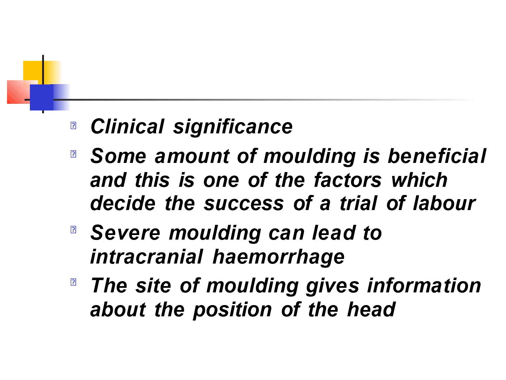The clinical importance of molding, as I have told you, is that it allows the passage of the baby through the pelvis more easily. In case the diameter of the fetal skull is more than the diameter of the pelvis, the skull bones will overlap each other, so the diameter of the fetal skull will decrease, and it allows the passage of the baby through the pelvis easier. That is one advantage. Another one, severe molding can lead to intracranial hemorrhage.